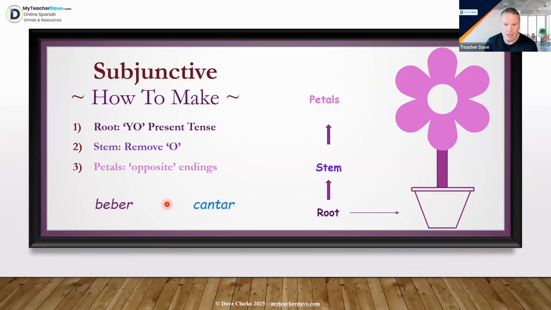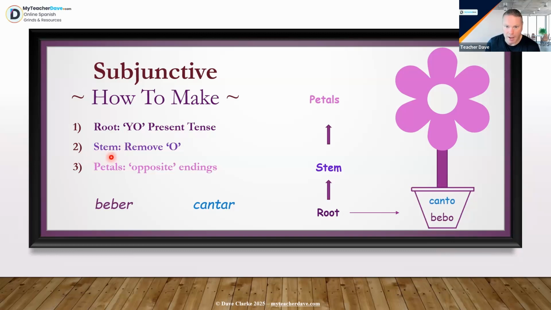So let's have a look at these 2 verbs on our flower. Let's build up our subjunctive for each of these 2 verbs. As we said, we have our root. Our root is the yo, or the I part of the normal verbs in the present tense. That gives us bebo and canto.